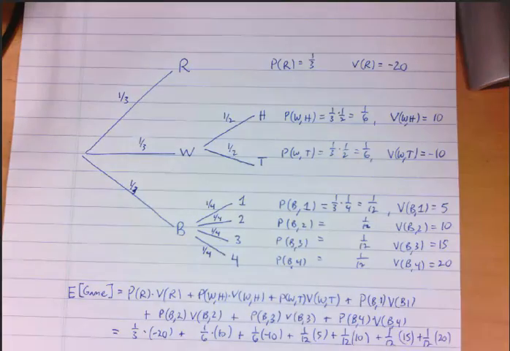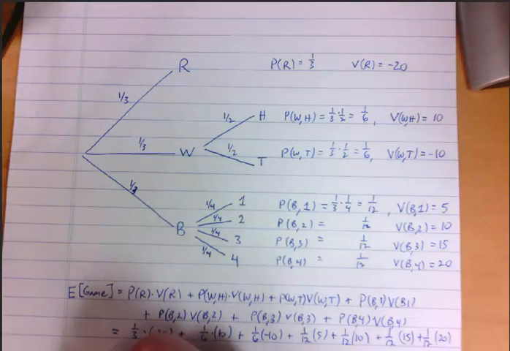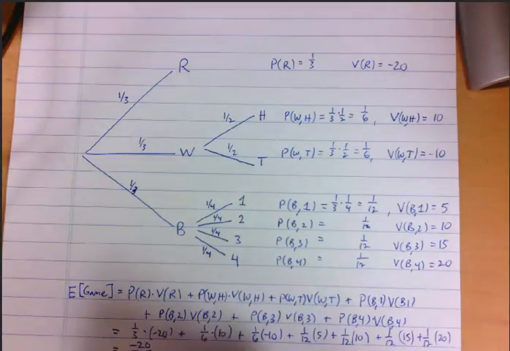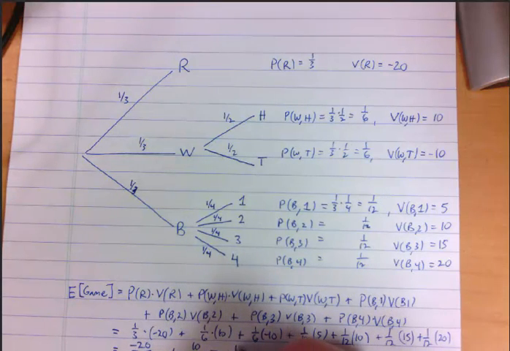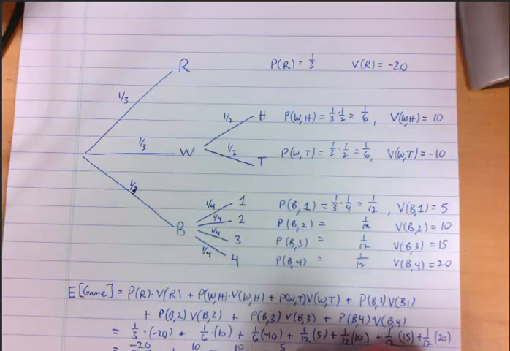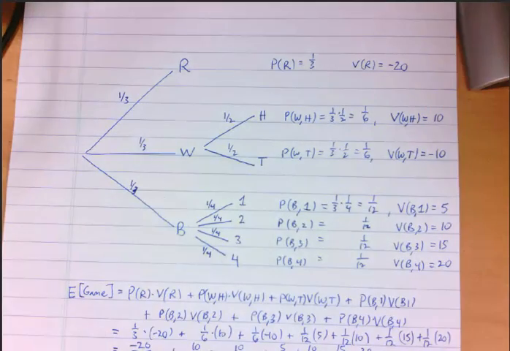So now we can actually crunch these numbers. So you get -20/3 plus 10/6 minus 10/6 plus 5/12 plus 10/12 plus 15/12 plus 20/12.